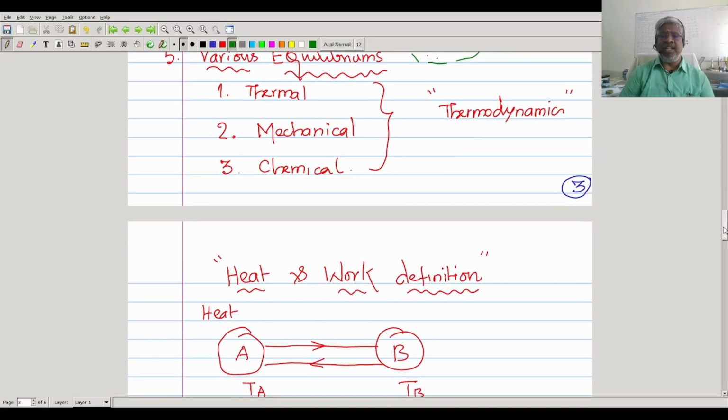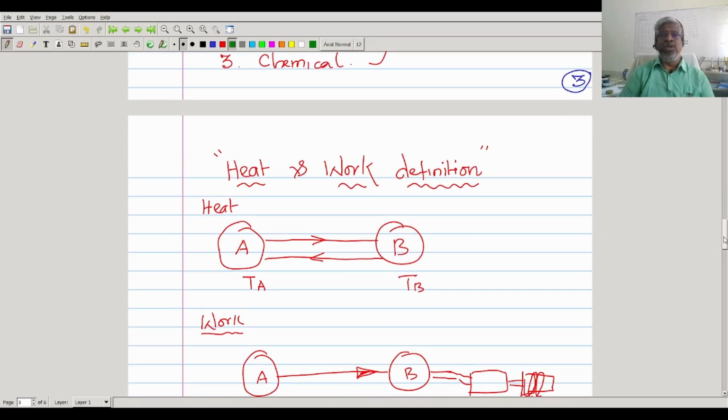But apart from that, I am going to explain what heat and work are in thermodynamics. Please understand, as I already told you, thermodynamics deals with energy transformation and energy transfer from one place to another. In that, we are going to deal only with two forms of energy.